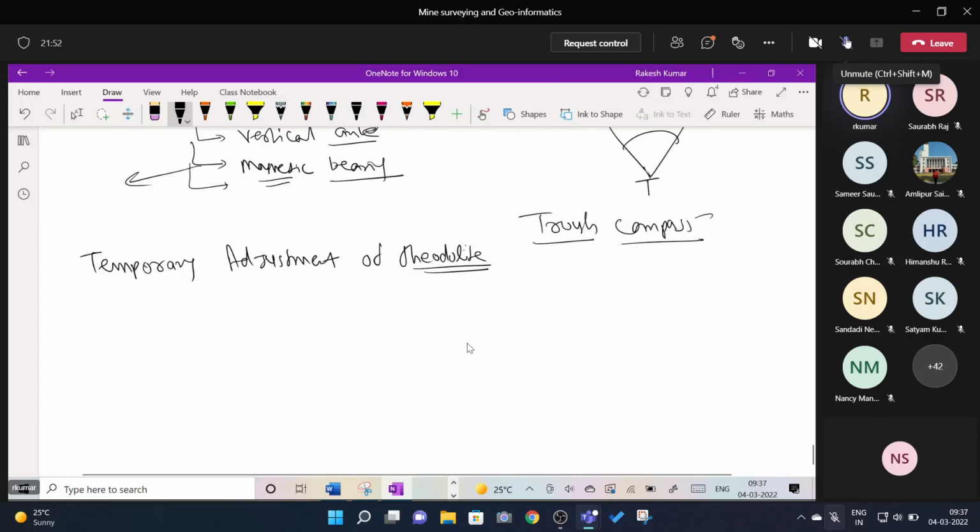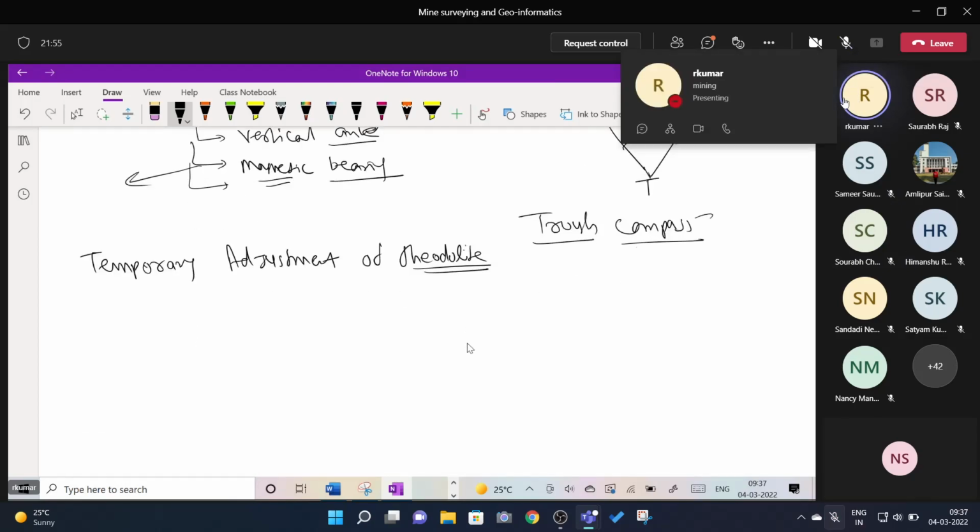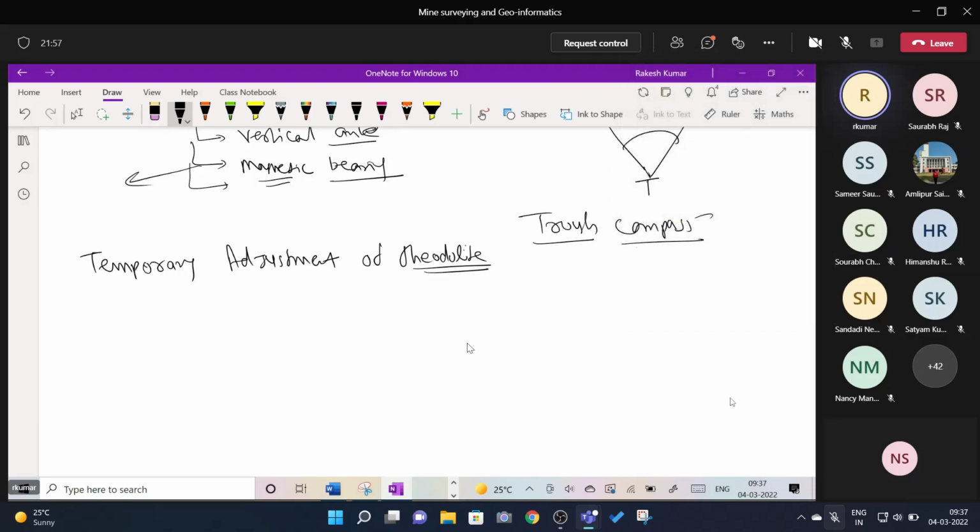But how to make that crosshair visible? Sir, the lower screw. No, there is no lower screw. I think you forgot the video. We have to focus the eyepiece placed on the telescope. Have you got the point? Yes, sir. And we have to remove the parallax error.